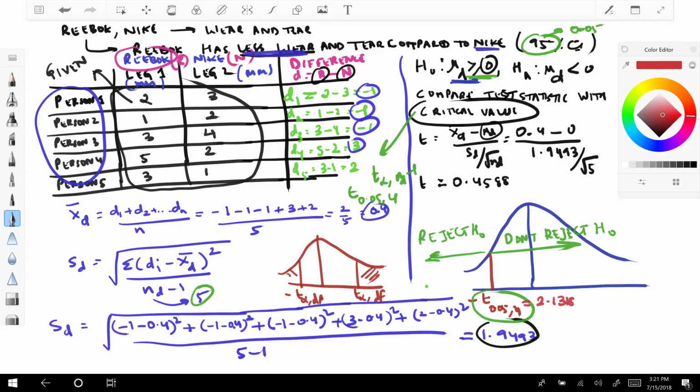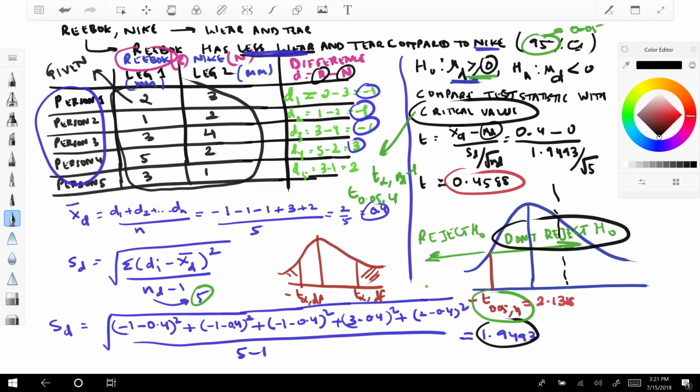So now I would look at the T stat value and ask where it lies on the number line. So if you see, T 0.458 lies to the right of this critical value, so it lies in the don't reject region. So that means don't reject H null.